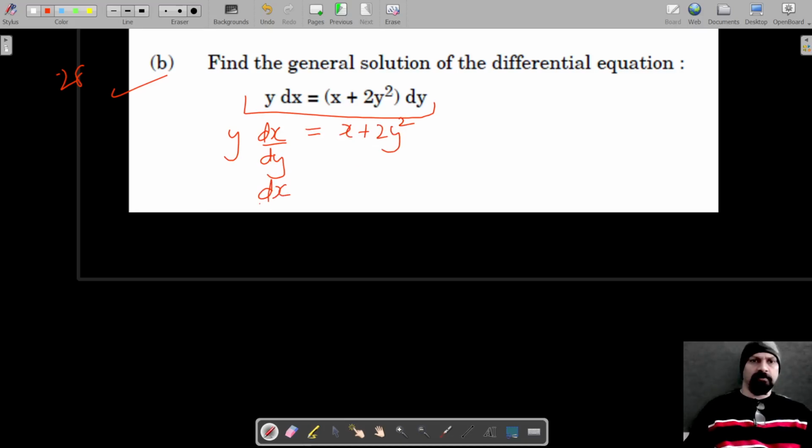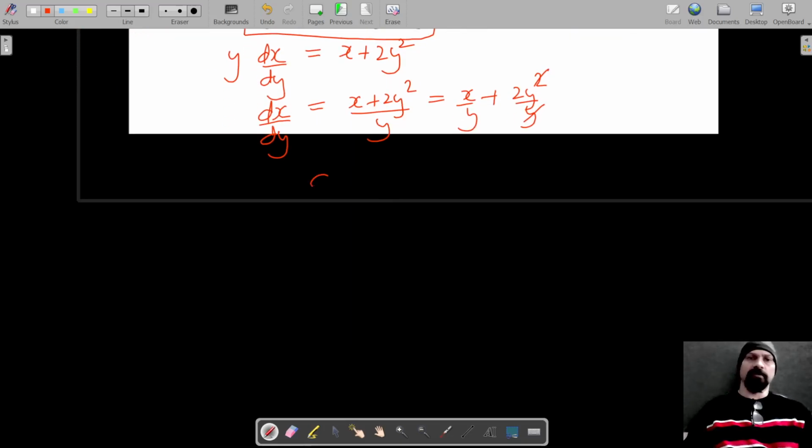So this is dx by dy is equal to x plus 2y the whole square divided by y, and it is x square plus 4xy plus 4y square by y.